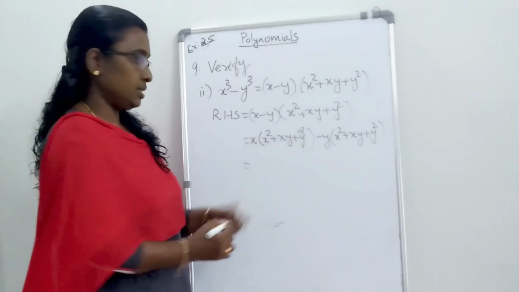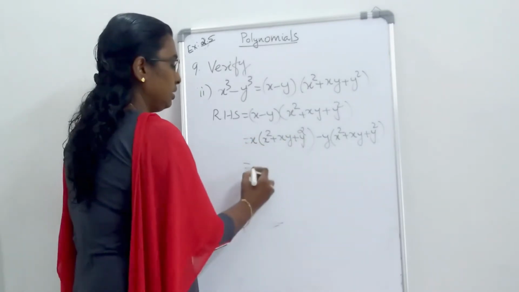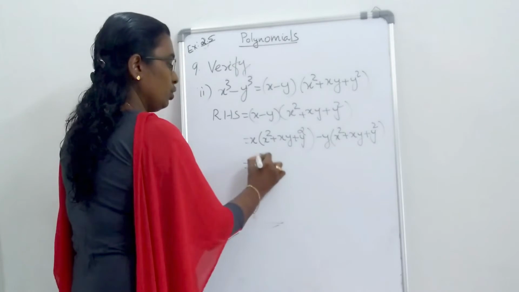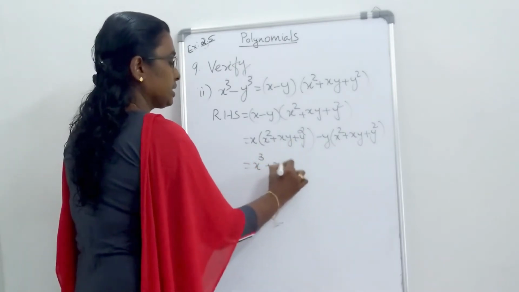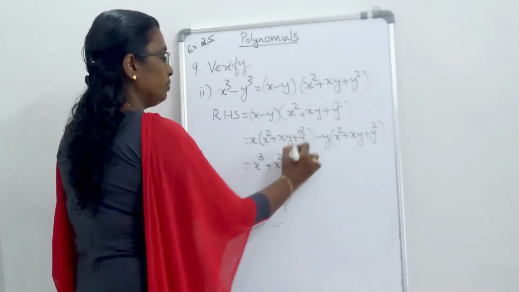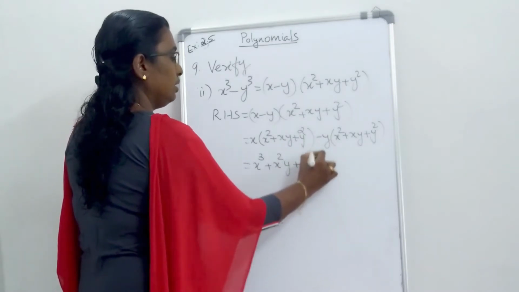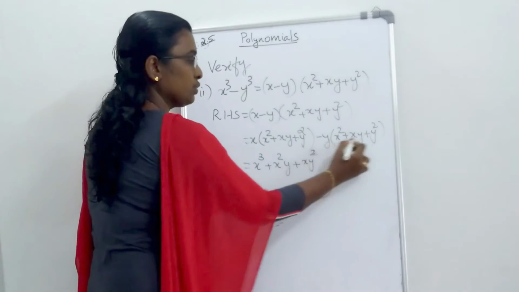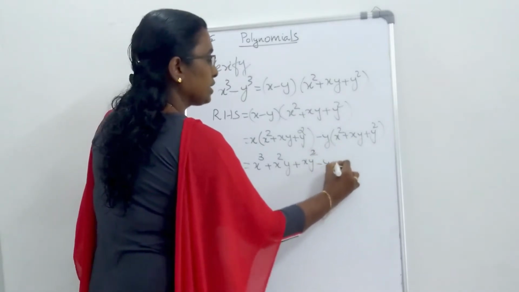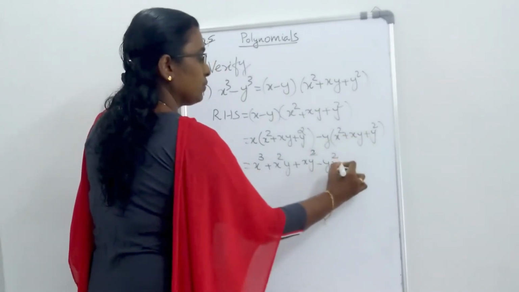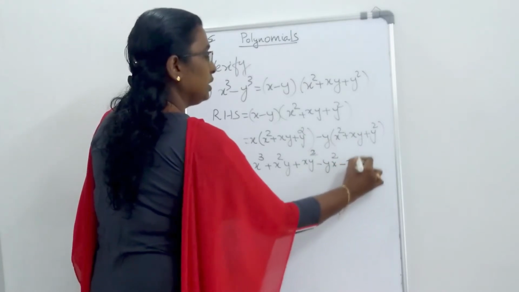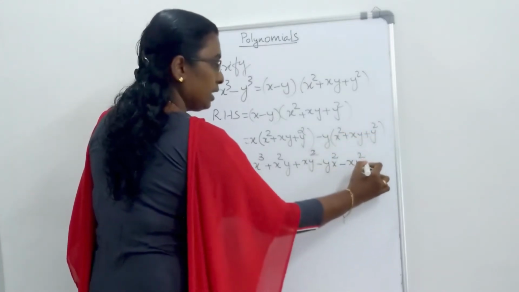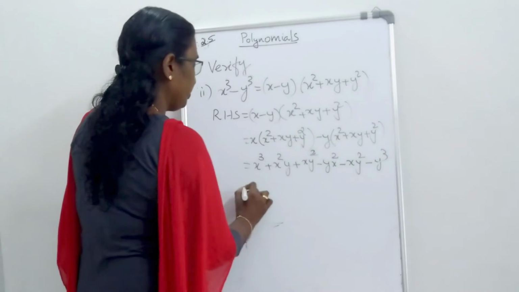again remove the bracket. For that multiply x into x square, x cube, x into xy, x square y, x into y square, xy square. Then multiply this term with minus y: minus y into x square, minus x square y, minus y into xy, minus xy square, minus y into y square, minus y cube.